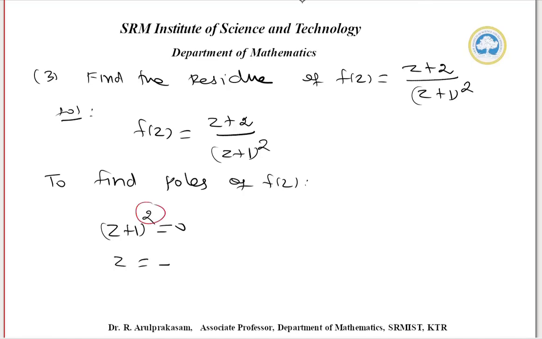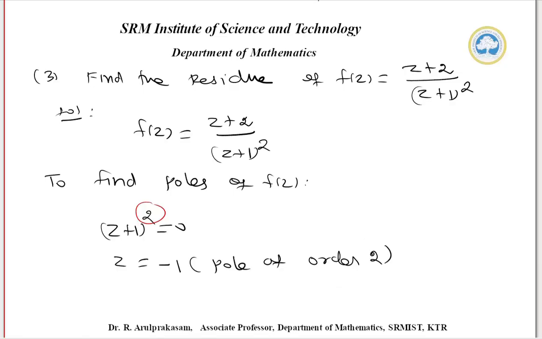Therefore my pole is minus 1, and this is a pole of order 2. Got it? Suppose the power is 1, it is a pole of order 1. Here the pole is of order 2.